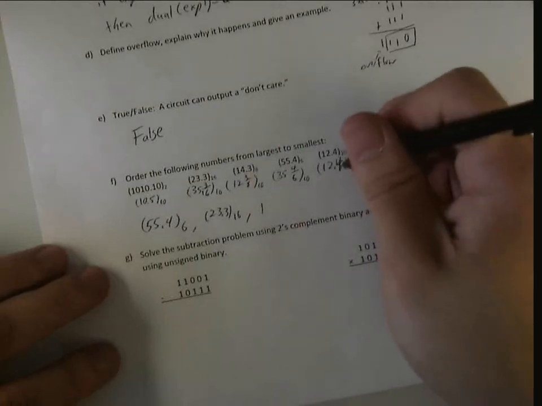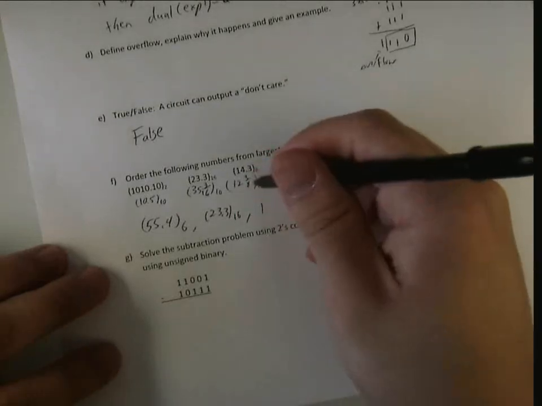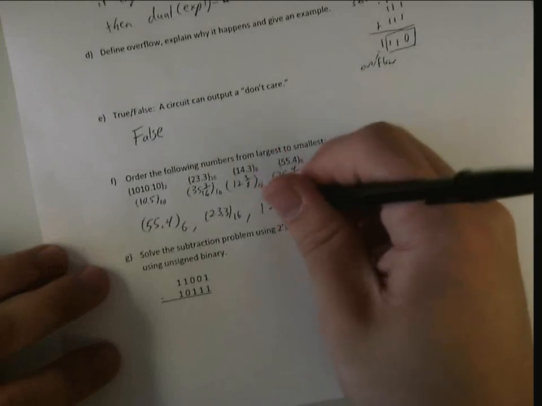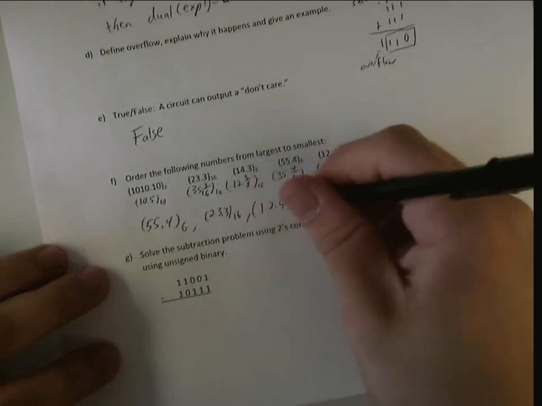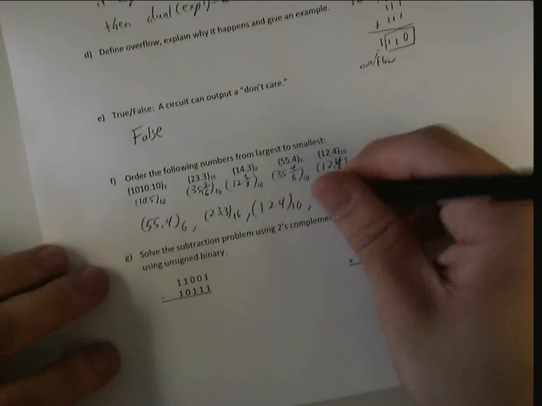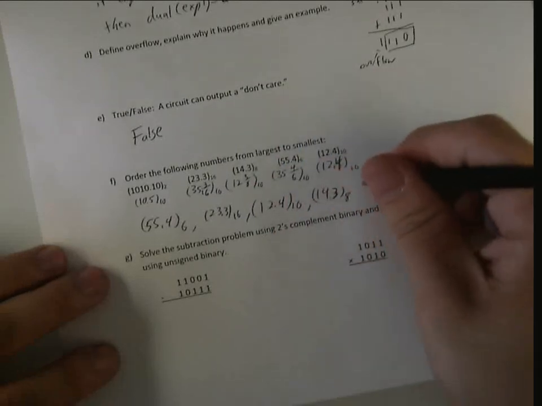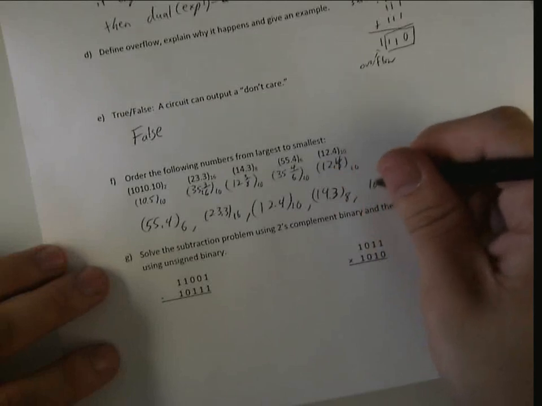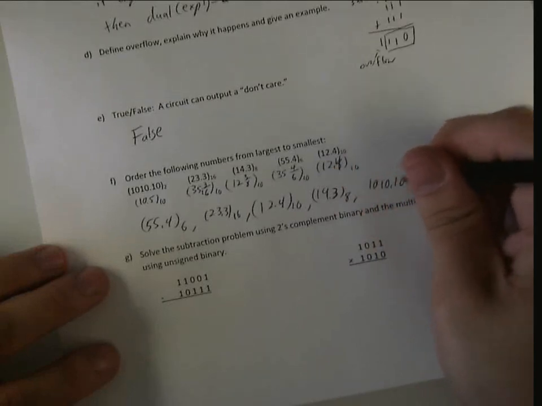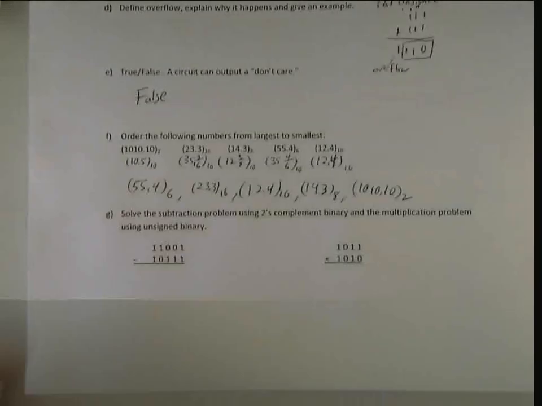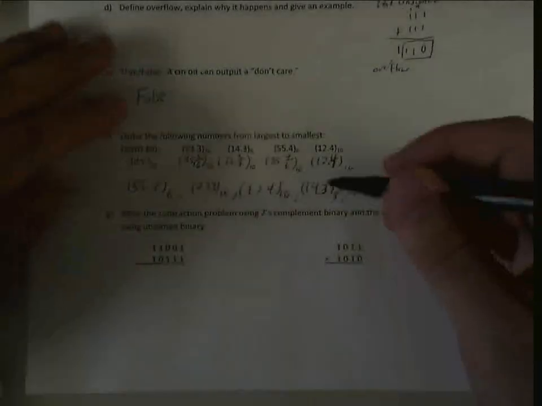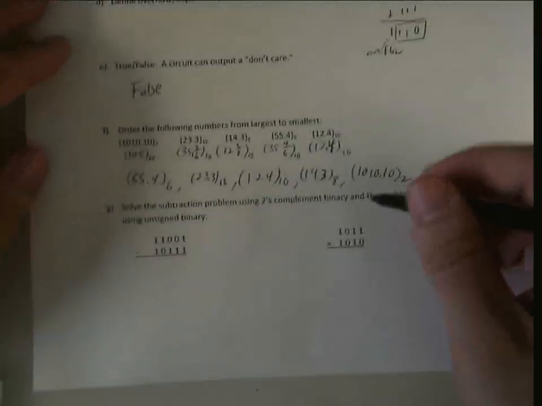So this is 4/10, and this is 0.375, so this is bigger. And then we have 14.3 in base 8 and 1010.10 in base 2.